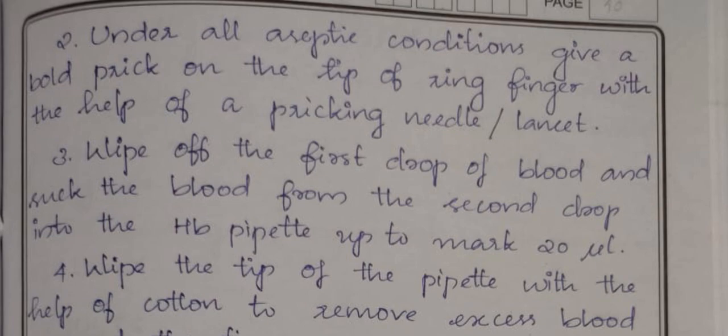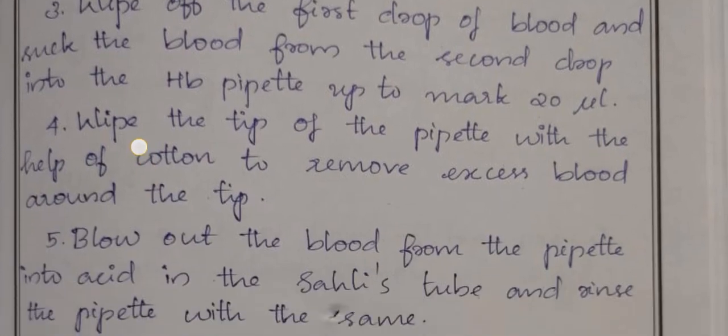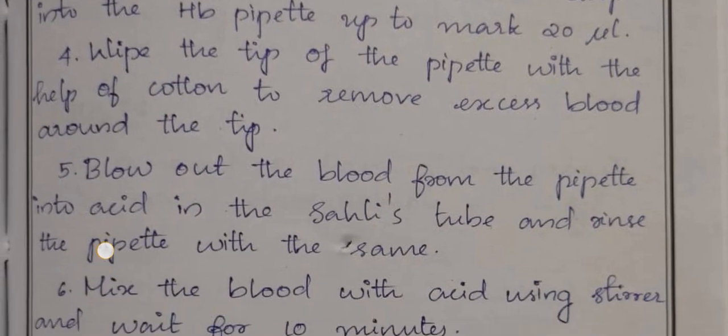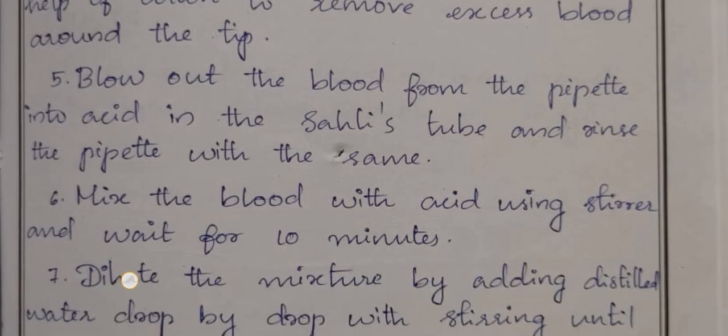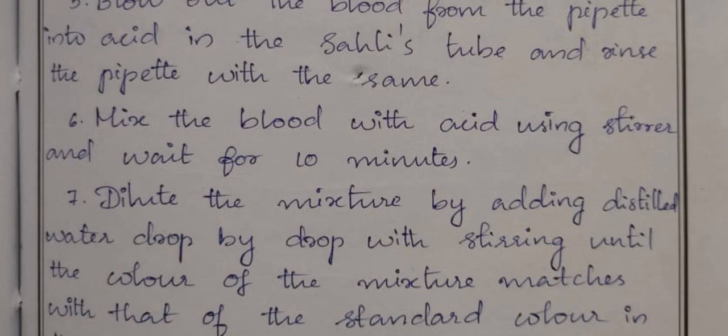Wipe off the first drop of blood and suck the blood from the second drop into the hemoglobin pipette up to the mark 20 microliters. Wipe the tip of the pipette with a cotton to remove excess blood around the tip. Blow out the blood from the pipette into the acid in the Sahli's tube and rinse the pipette with the same. Mix the blood with acid using a stirrer and wait for 10 minutes.